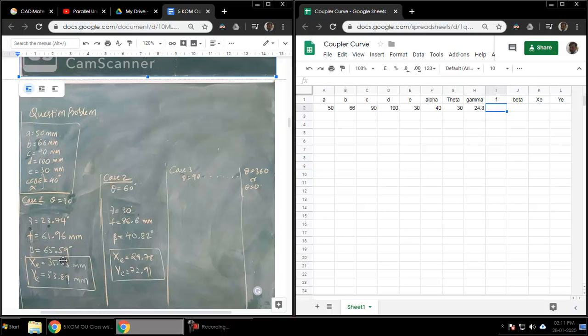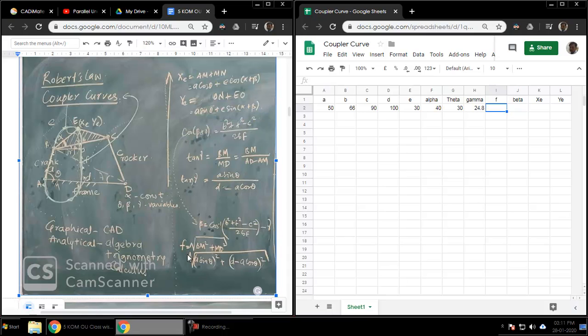Next up, we'll have to find f. The formula for f is over here using the Pythagoras theorem. So just take equal to square root, bracket is opened. I'll just put the closing bracket as well around here so that later there is not going to be any confusion. And now I'll have to take another bracket open and raise this power to 2.